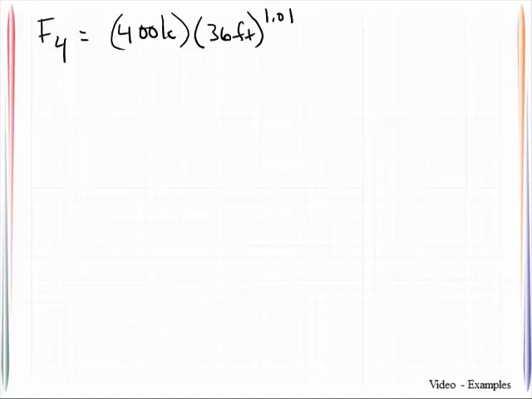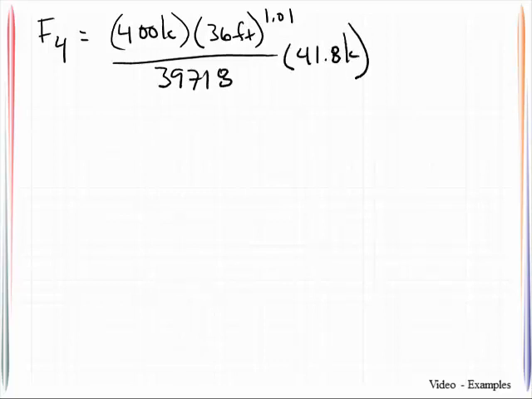Moving right along, let's get for story 4. 400 kips, 36 feet, raised to the 1.01 with that denominator. And that gives us 15.7 kips.